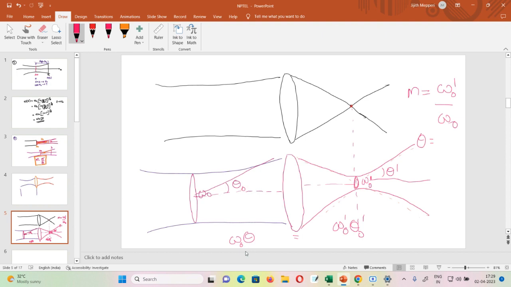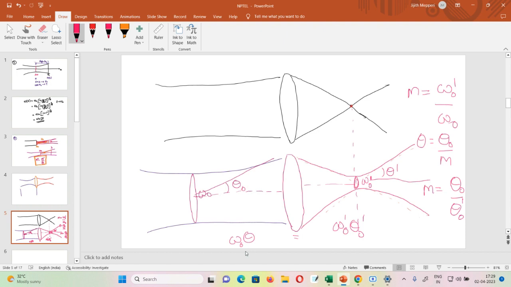If your beam is getting diverged, your theta will get decreased. So theta will be theta prime divided by m, or m is equal to theta naught divided by theta naught prime, you can say. So there is an inverse relation in this magnification factor.